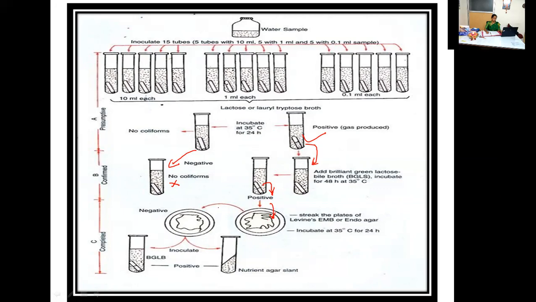After incubation for 24 hours, if there is growth of coliform bacteria with a green metallic sheen, that says that is the confirmed test. Yes, in this positive test tube there is a presence of coliform bacteria. So that is about the confirmed test.